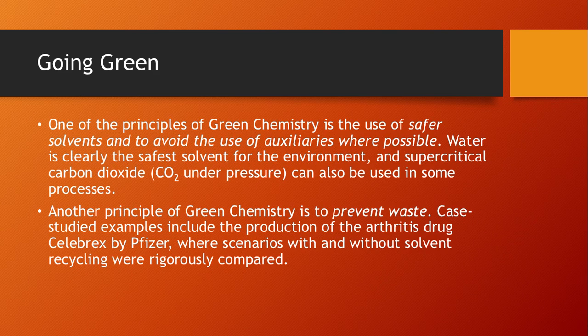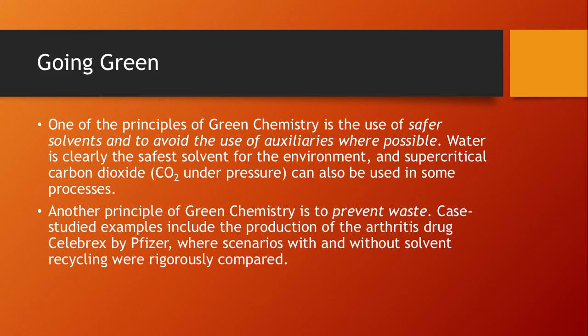So, one of the principles of green chemistry is the use of safer solvents and to avoid the use of auxiliaries where possible. Water was one of the preferred solvents, and it is one of the safest. Another example of a solvent is supercritical carbon dioxide, which is CO2 under pressure, can also be used.